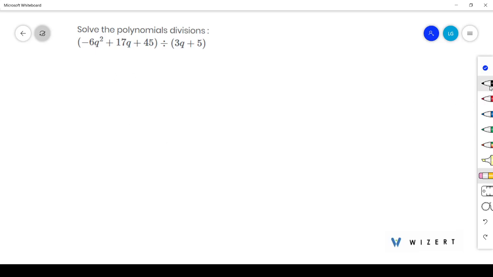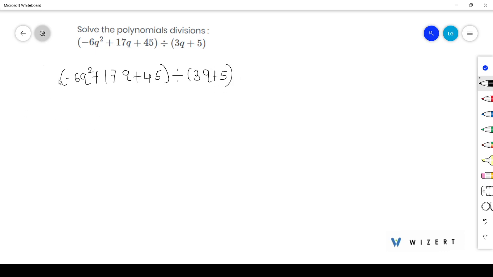Our question is, solve the polynomials division. We have to solve minus 6q square plus 17q plus 45 divided by 3q plus 5.